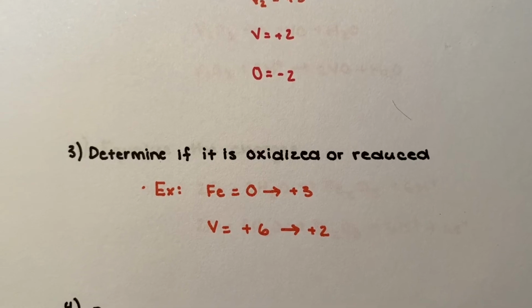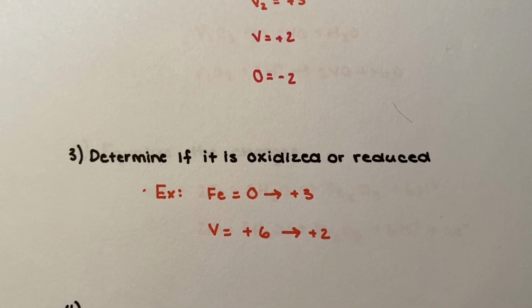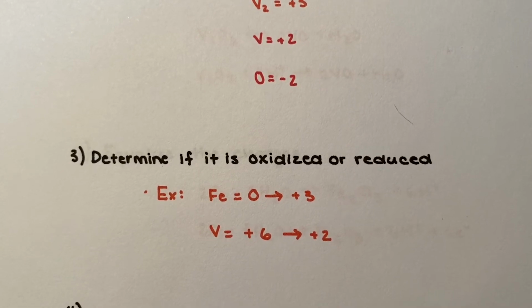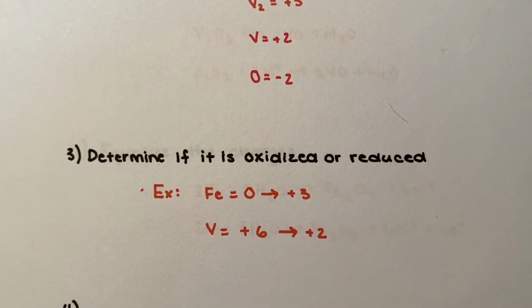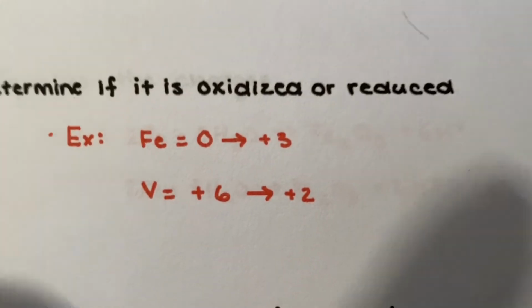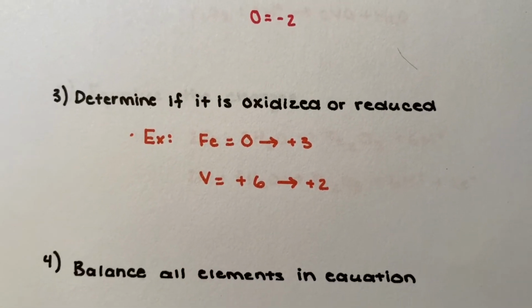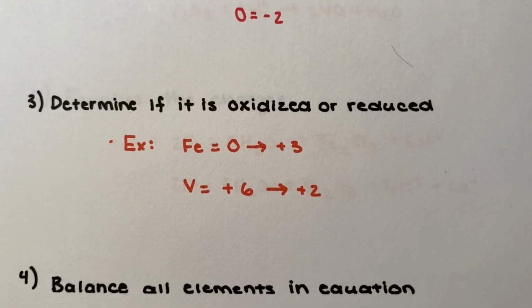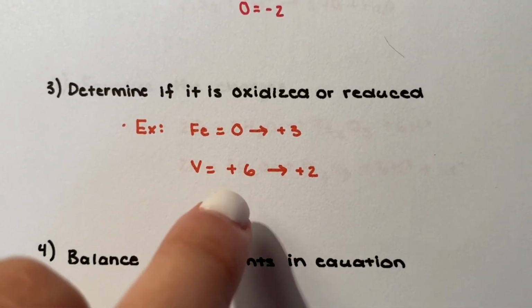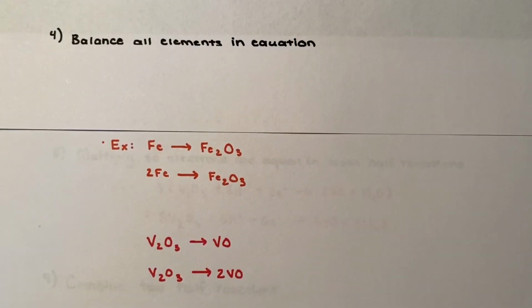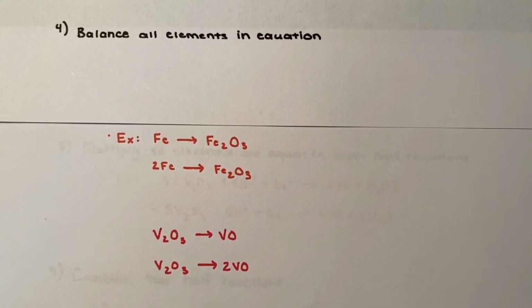In our example, the first half reaction is oxidized because our Fe starts with an oxidation state of 0 and goes up to +3, as you can see here. And our second half reaction is being reduced because our V starts with an oxidation state of +6 and goes down to +2.